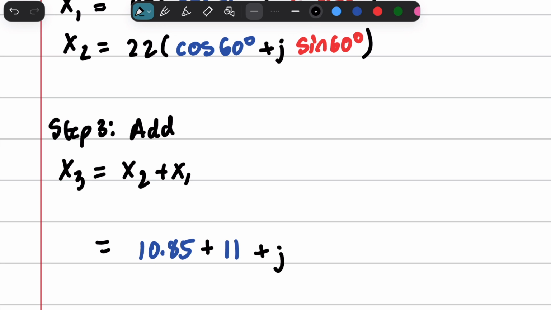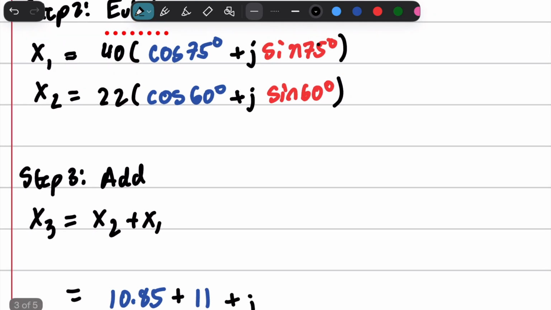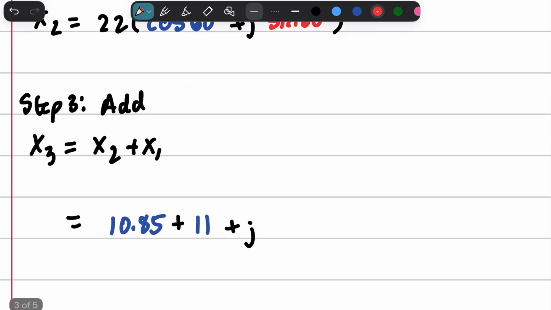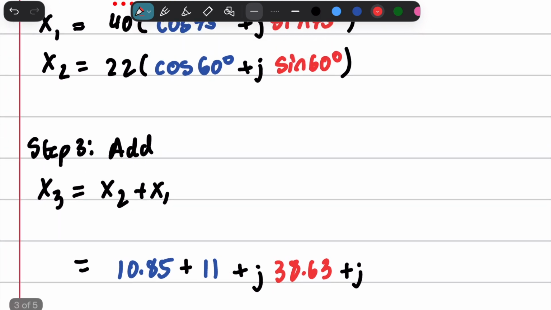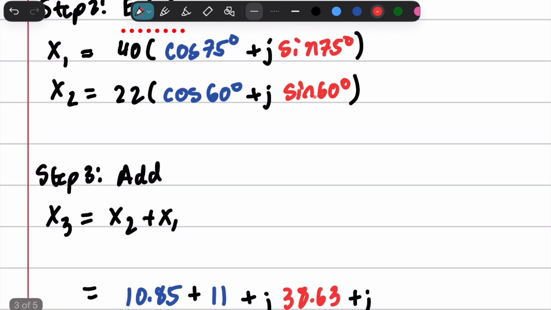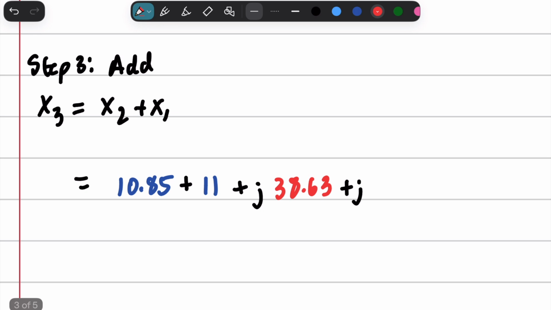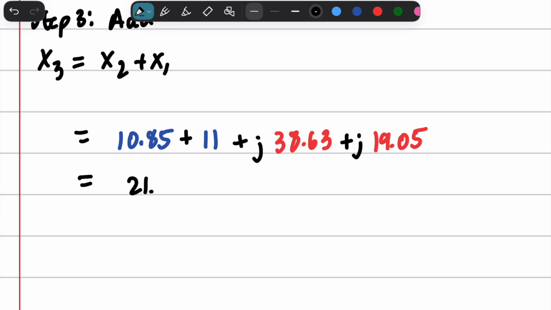Now we look at our imaginary portion. 40 times sine 75 degrees is 38.63, plus j times 22 sine 60 degrees, which is about 19.05. Once you combine like terms, we get 21.35 plus j 57.68.